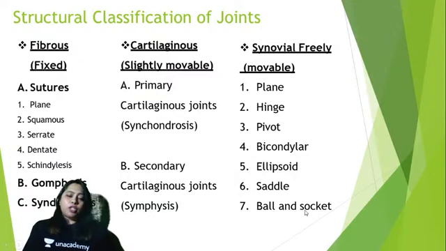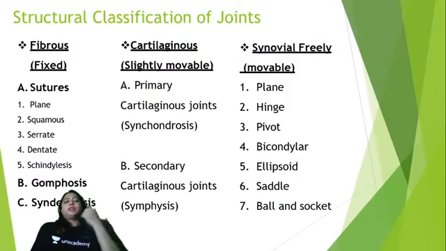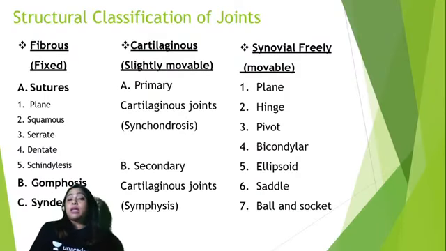Next, you have ball and socket type of joint. Ball and socket type of joint is a multi-axial type of joint where all the movements are possible. You have flexion, extension, circumduction, rotation, adduction, abduction. So the good example would be the shoulder joint and the hip joint.